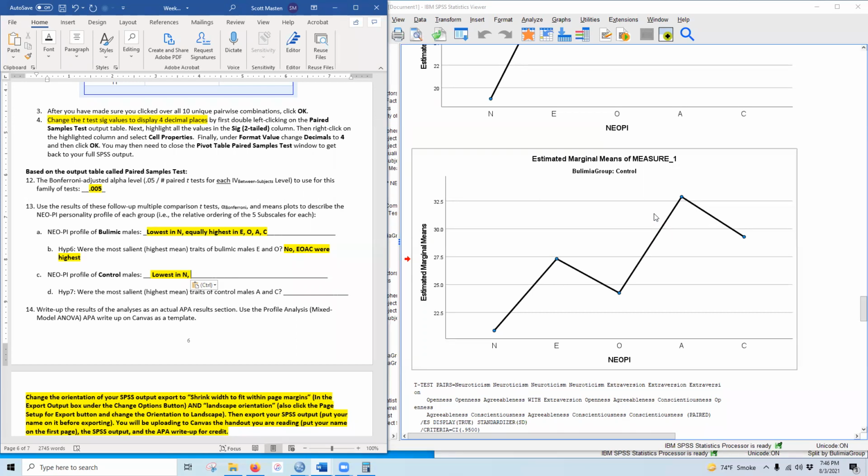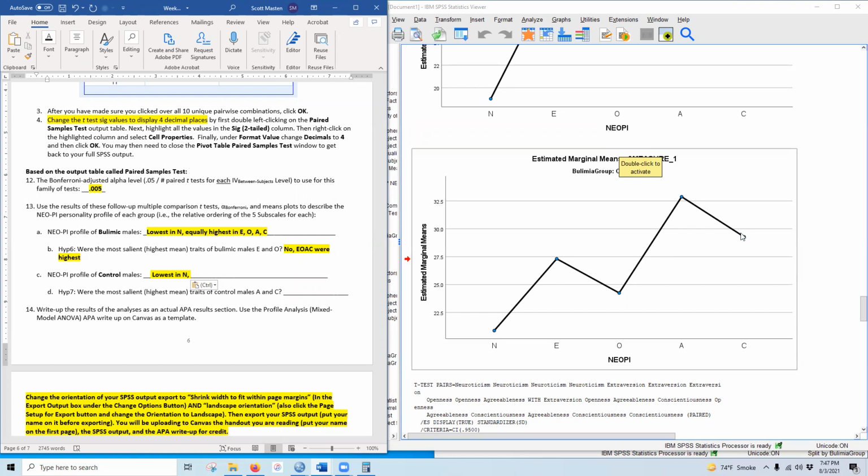So E was lower than A. E significantly differed from A, but E did not differ from C, did it?